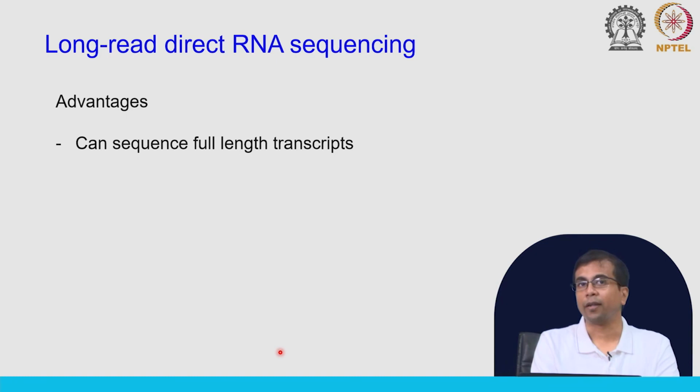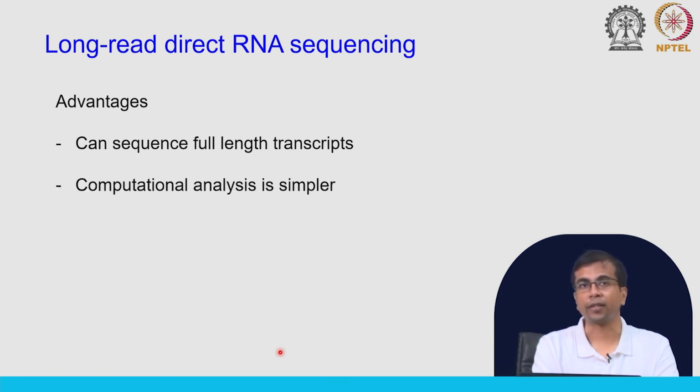So, this is where the long read direct RNA sequencing comes. Okay. So, it retains the advantages of the long read sequencing and also addresses some of the drawbacks. Okay. So, as we have seen, it can sequence full length transcripts, and computation analysis is very simple. It can discover these isoforms.